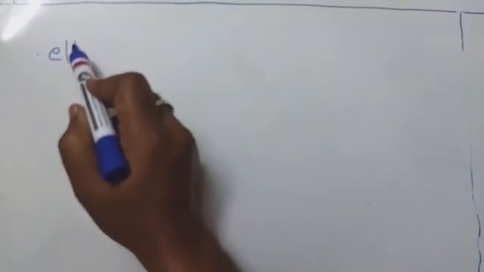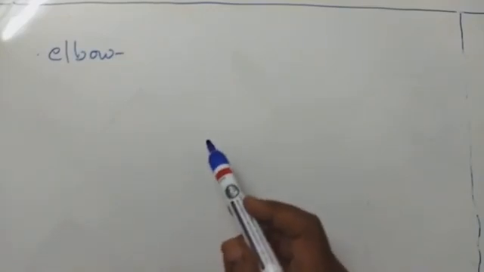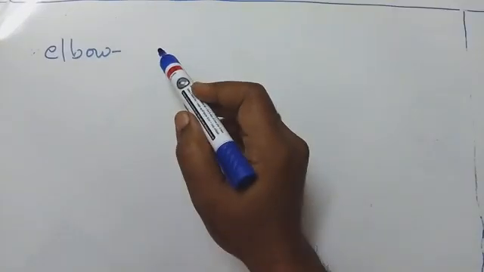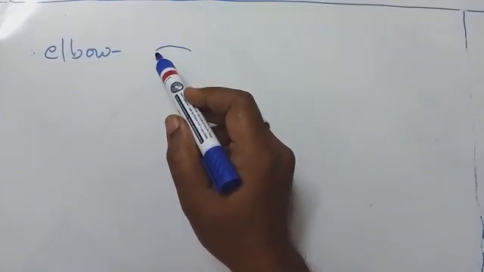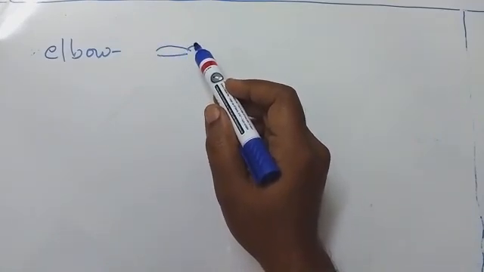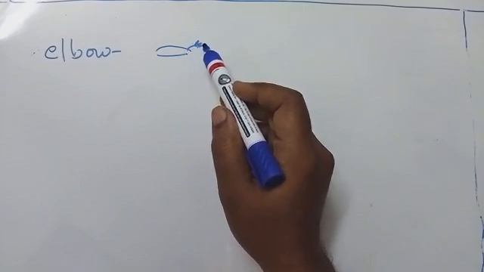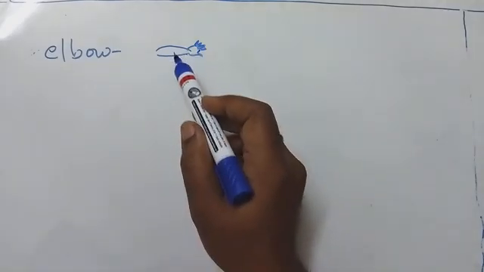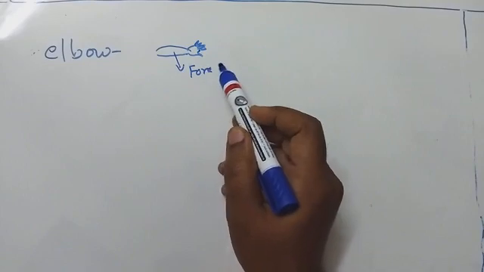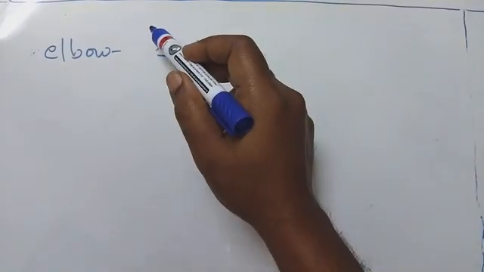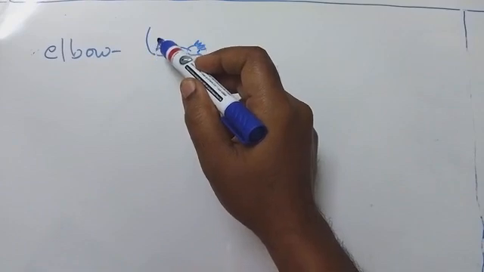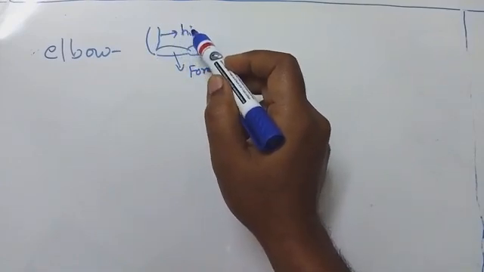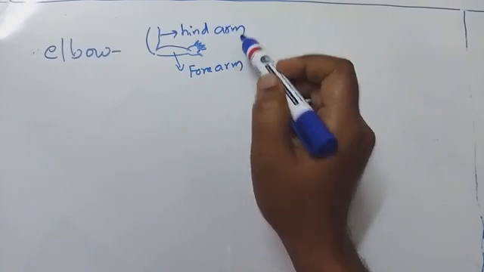At our elbow, both our forearm and hind arm appear to be joined. So this is the forearm and this is the hind arm, right?